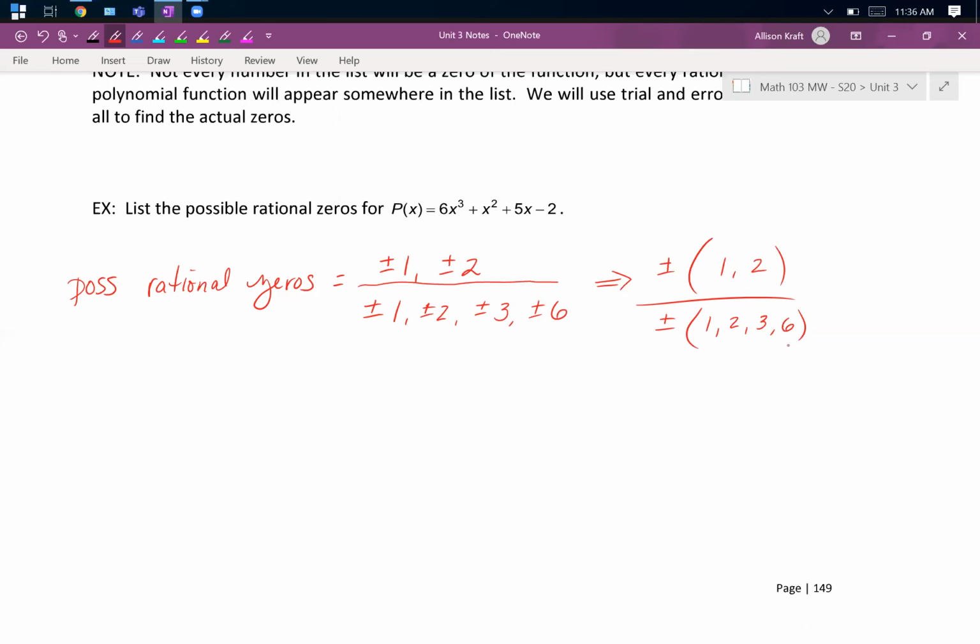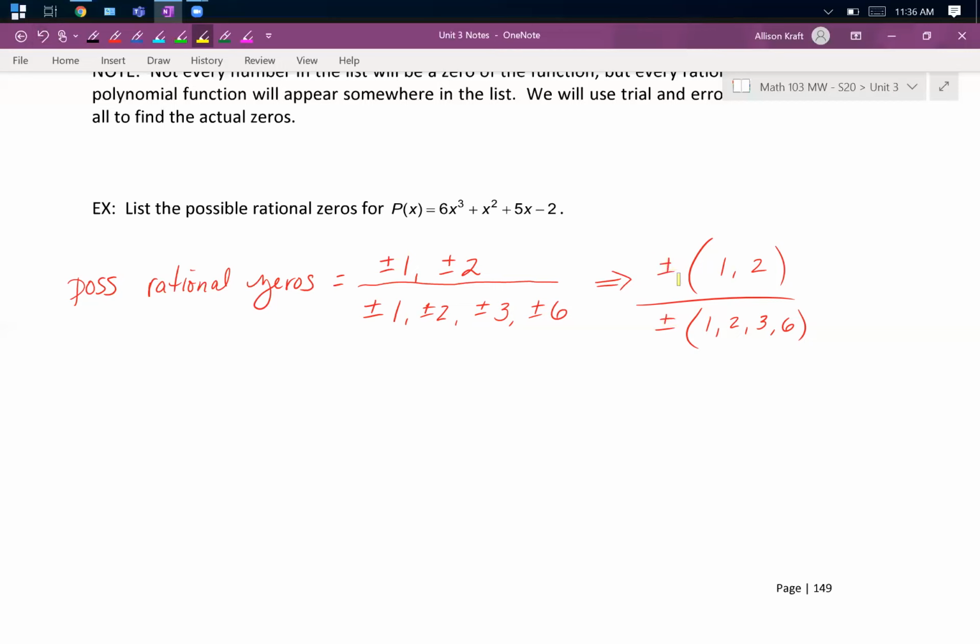So now we want to clean up this list because I look at that, I'm like, what am I supposed to do with this? Well, the first thing I want to address is the plus or minuses. If you take a plus or minus and divide it by a plus or minus, you actually get a plus or minus. And just to show you why we get that, if I choose the two positives and divide, I'm going to get a positive.